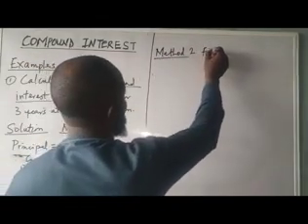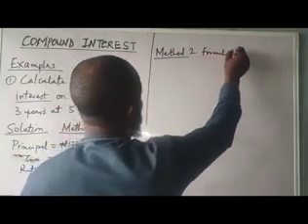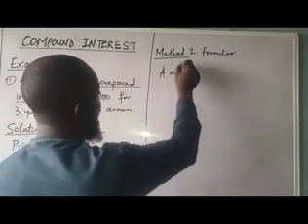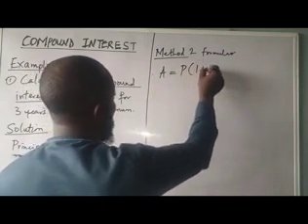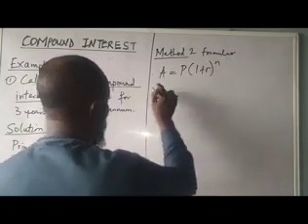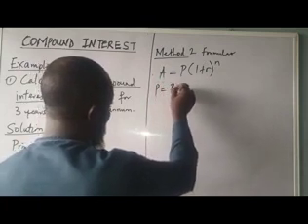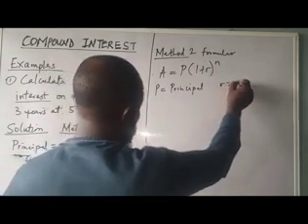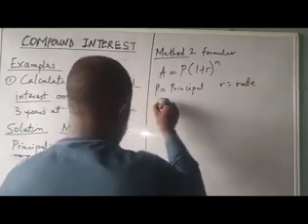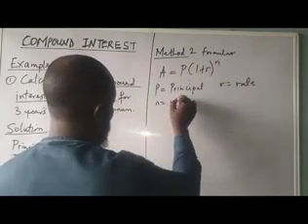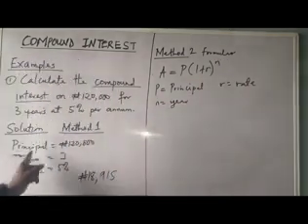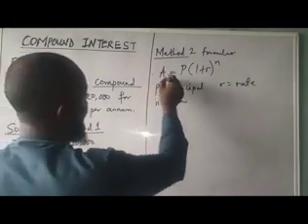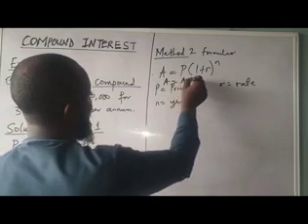So the formula is amount equals P into bracket 1 plus R, everything raised to N. Where P is the principal, R is the rate, and N is the year. We have everything here. So we're calculating amount. A is amount.